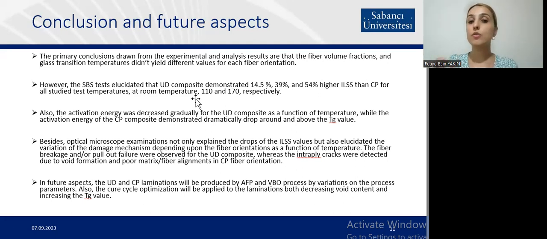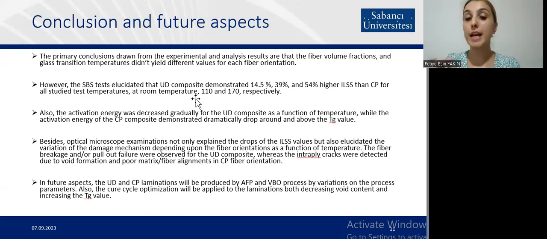Also, the activation energy decreased gradually for the unidirectional composite as a function of temperature, while the activation energy, or delamination energy, of the cross-ply composite dropped dramatically around and above the TG values.